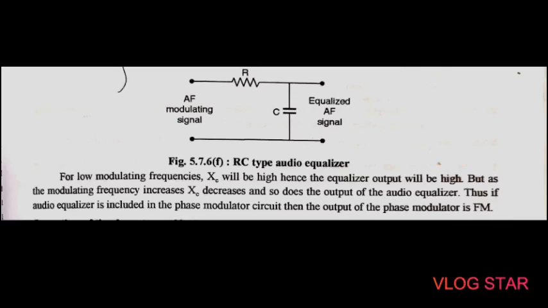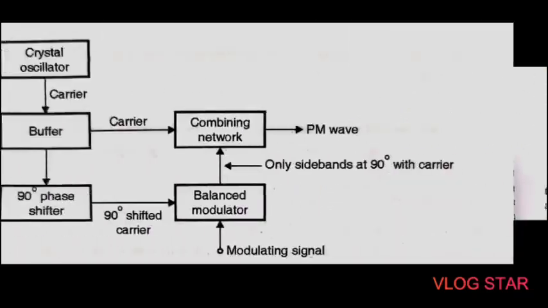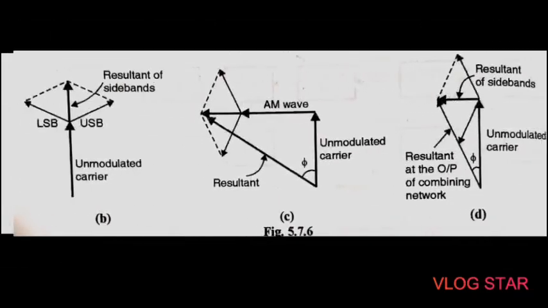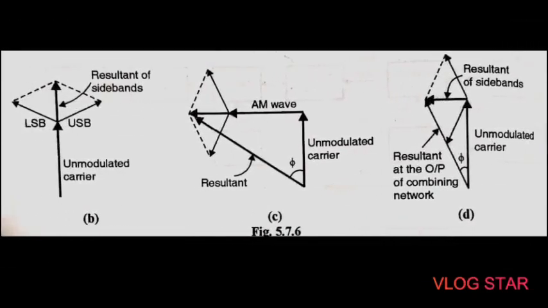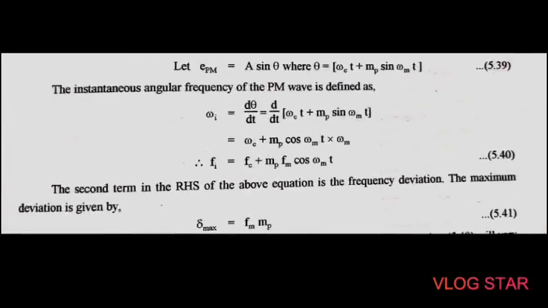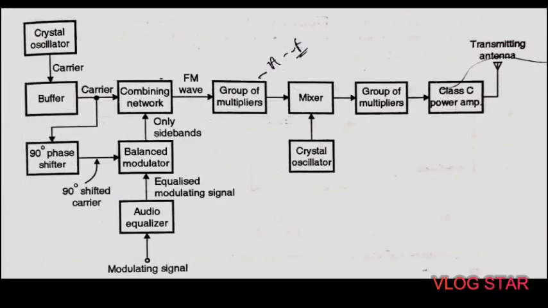Okay, then let us move towards the Armstrong method. For that, let us refer to figure 5.7.6a. Okay, so the operation of the Armstrong method is, here basically we have to use the crystal oscillator which generates the carrier at low frequency, typically at 1 megahertz, and this is applied to the combining network and the 90-degree phase shifter.